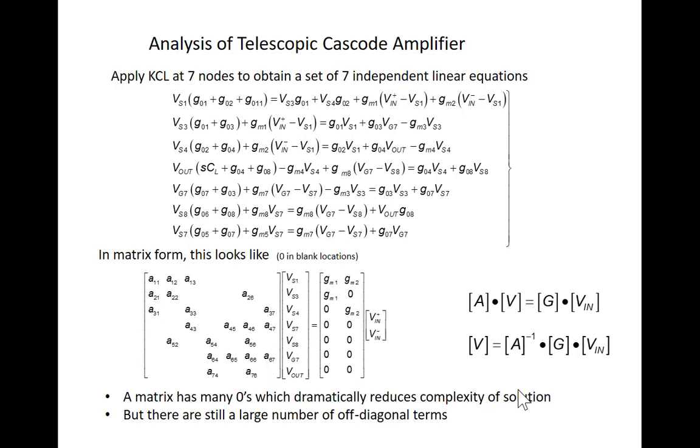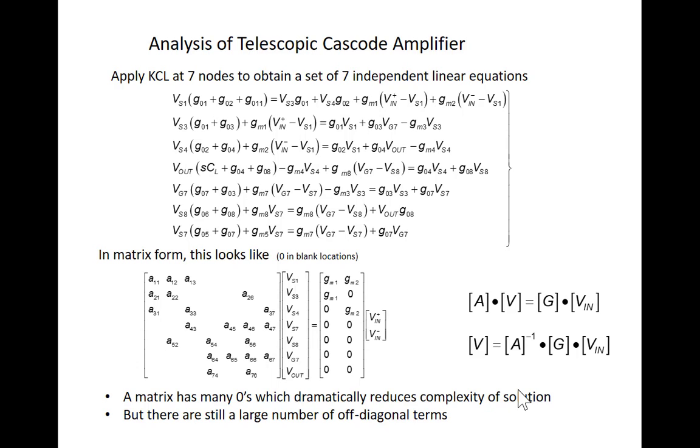So the fact that there's so many that are 0, and the fact that you can reorder these in a way that most of them are near the main diagonal, means that there's a dramatic reduction in complexity of exact solution of these equations. If this is a diagonal matrix, then we just solve one equation at a time and we're done, right? If it's nearly diagonal, it dramatically simplifies the analysis.